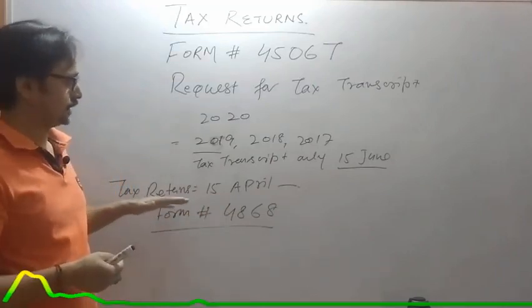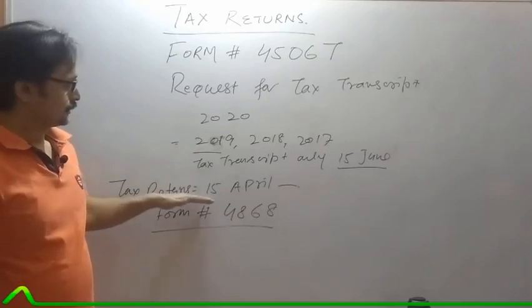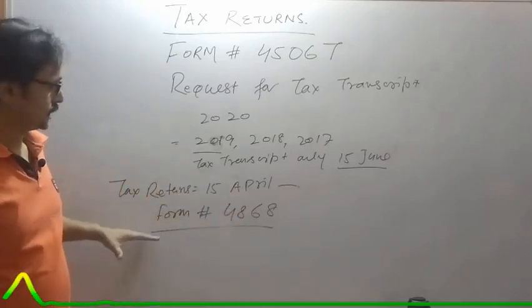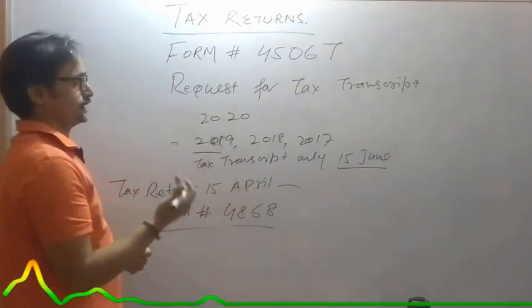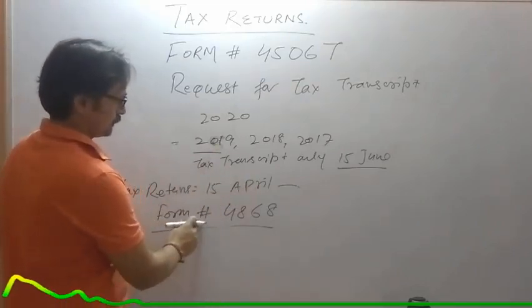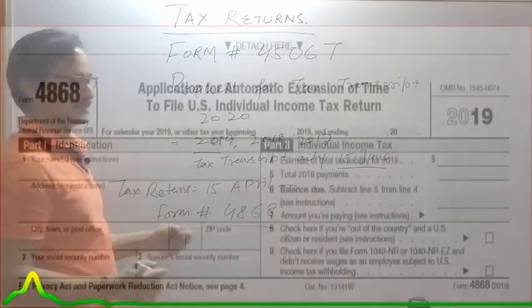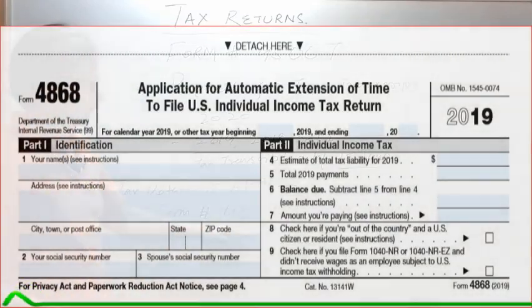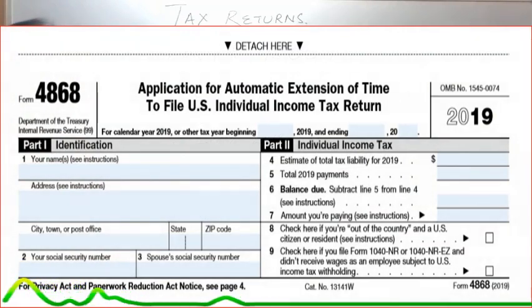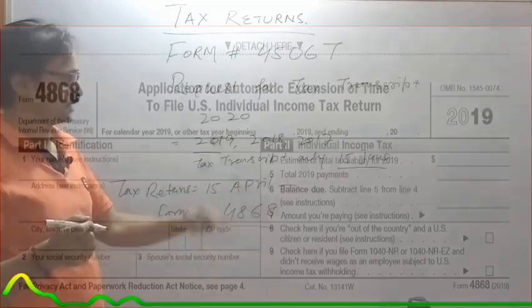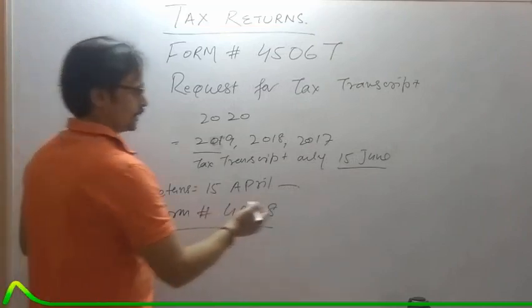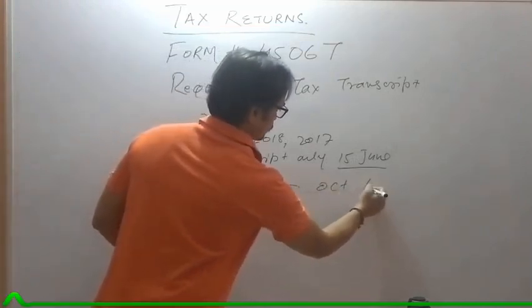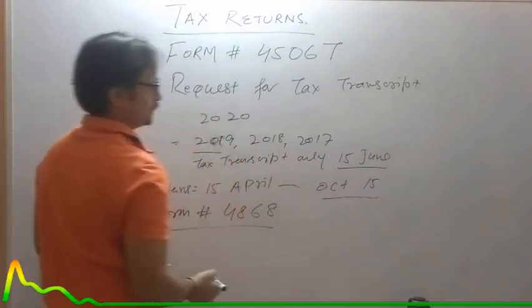If they are not able to file their tax return for the previous year by 15th April, then they need to take an extension. That is called form number 4868, which is currently appearing on your screen. This is the extension form. Someone can just fill out this form and send it to the IRS department, and then they will get an extension till October 15.